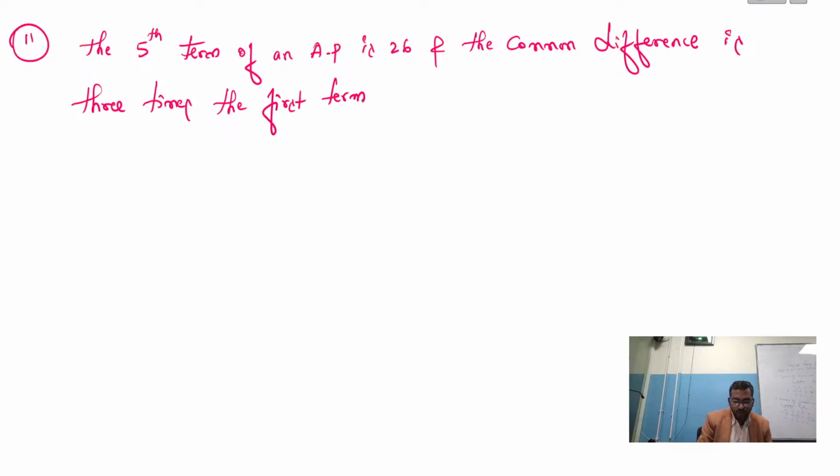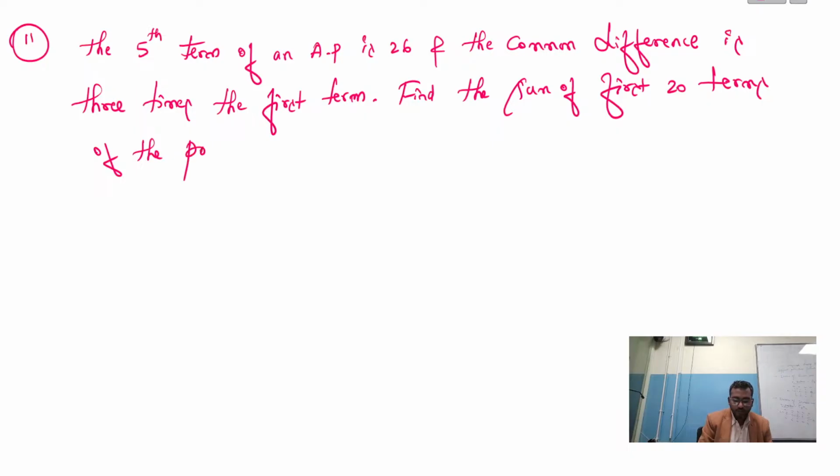Find the sum of the first 20 terms of the progression.